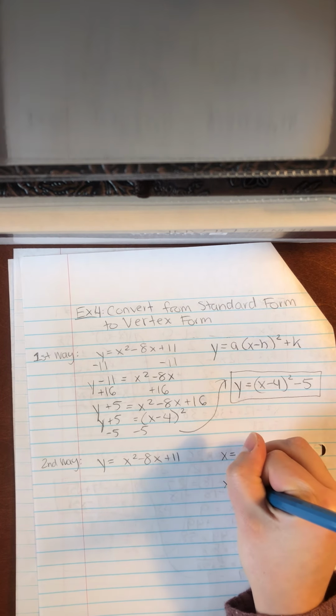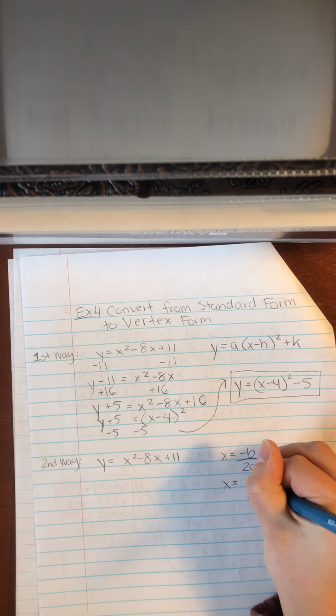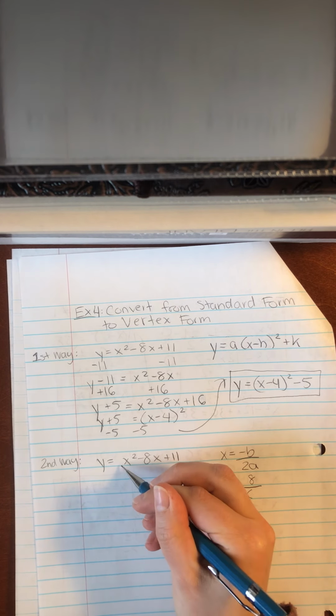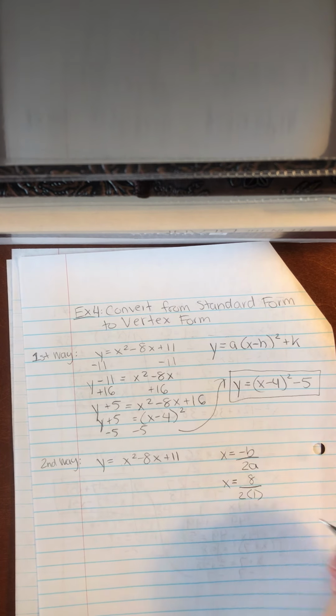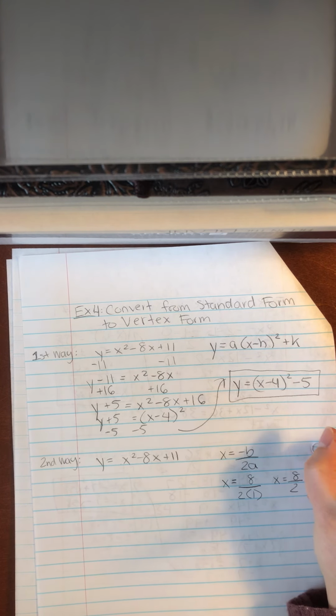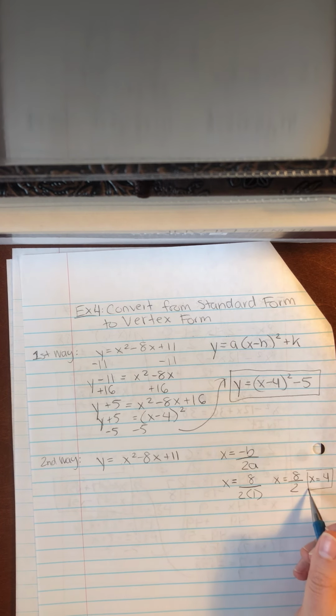So x equals negative 8 is positive 8 over 2 times, this is a 1 here, right? So x equals 8 over 2, so x equals 4. Now that's the x value of our vertex.